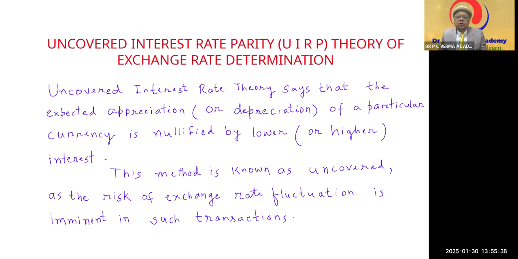So what we find is that uncovered interest rate theory says that the expected appreciation or depreciation of a particular currency is nullified by lower or higher interest. This method is known as uncovered, as the risk of exchange rate fluctuation is imminent in such transactions.